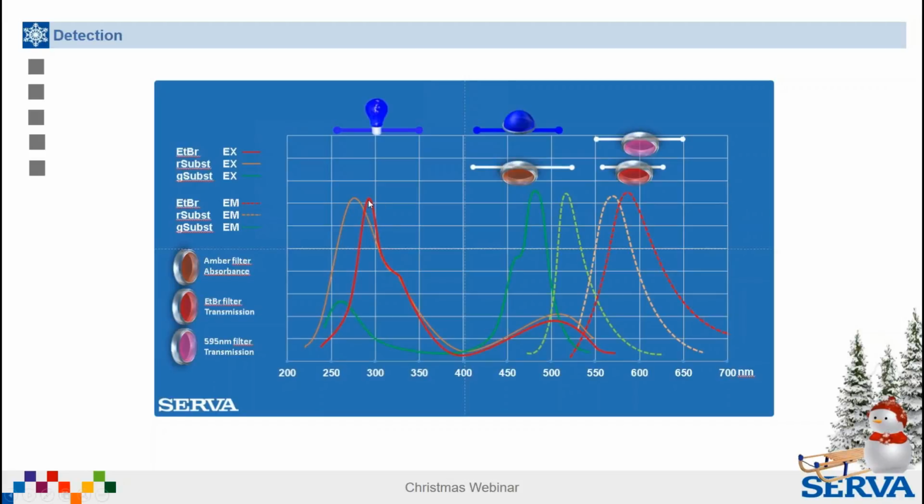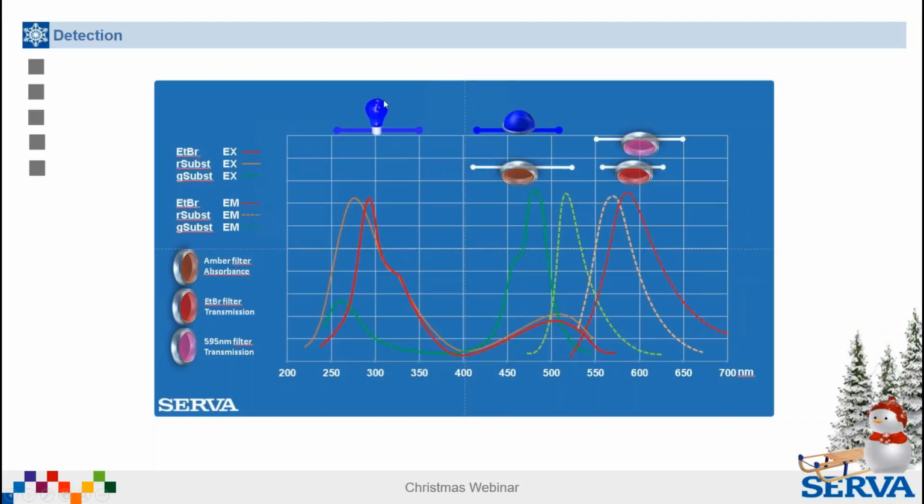But ethidium bromide can also be excited by blue light, but with an intensity of, let's say, 1/8 or something like that. The green substitutes you can buy on the market, this would be, for example, our DNA stain ClearG, it's vice versa. So they have a tiny, small excitation maximum in UV light and a high one in blue light.